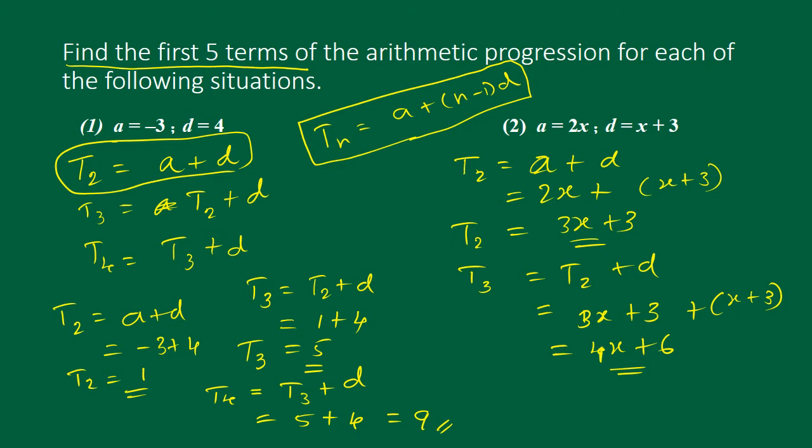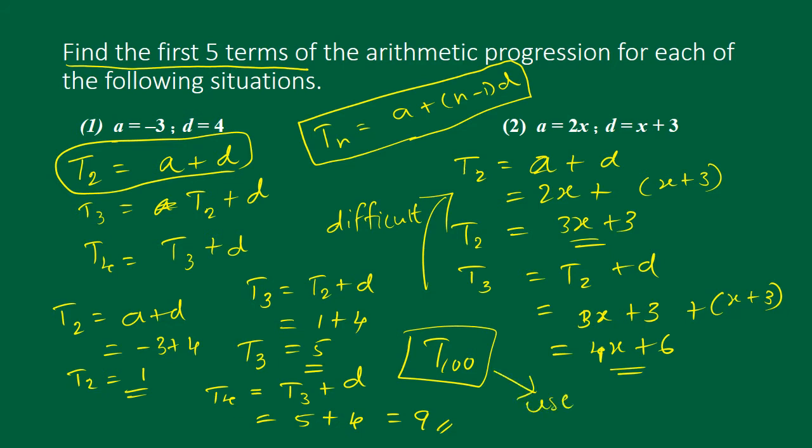If you are asked to find out t100, then you can't do it this way. This is not possible, this is difficult to do. Then you have to use the formula. So it is the best way.